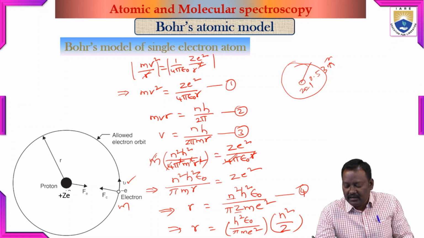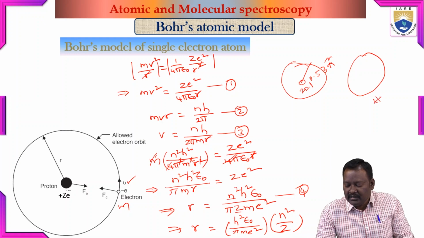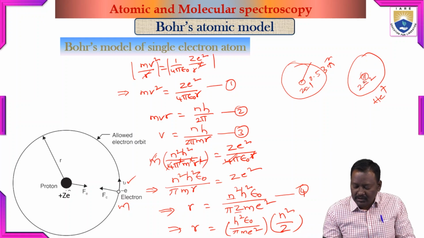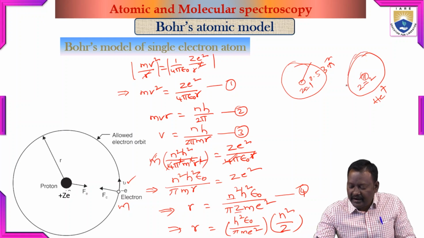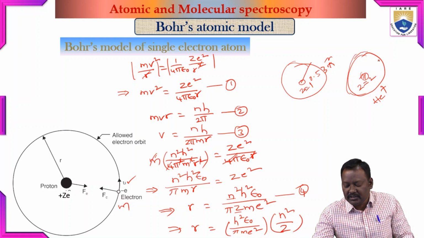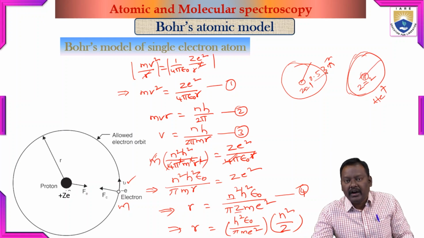If we consider a higher atomic number, for example helium plus, there Z value is 2, so the first orbit radius decreases to half of the hydrogen atom.